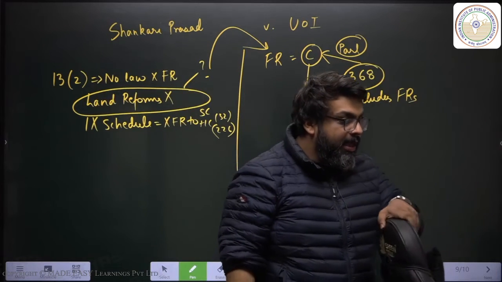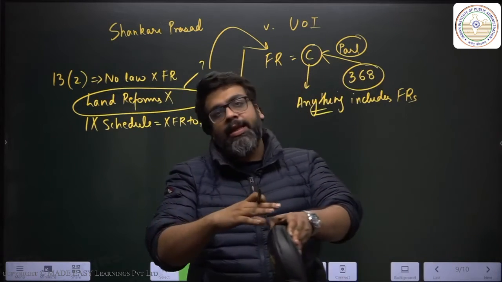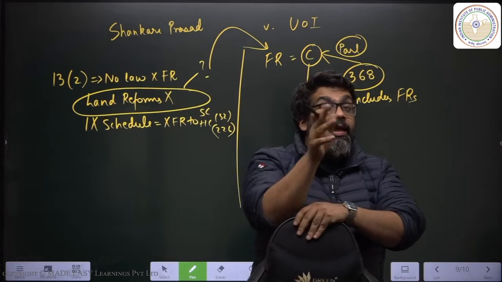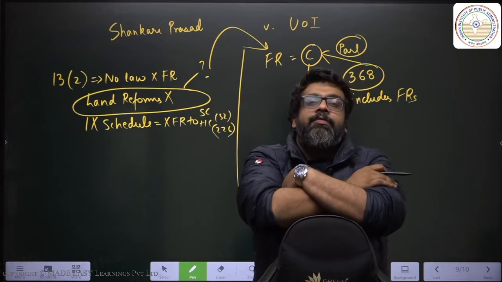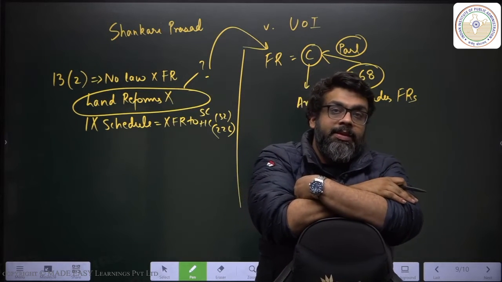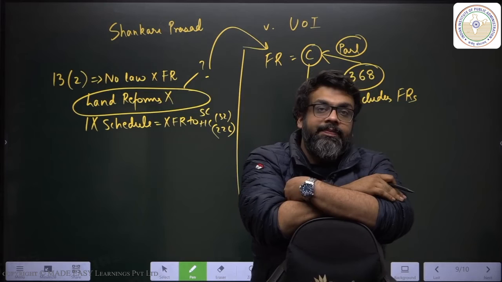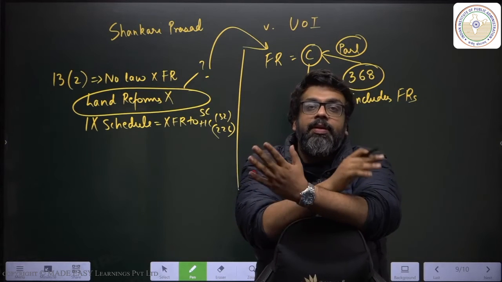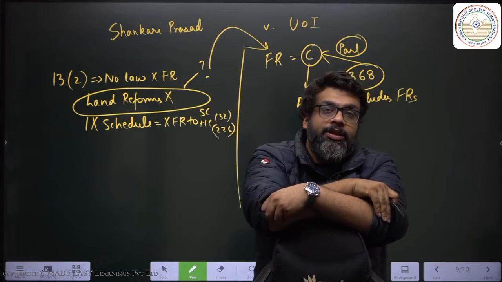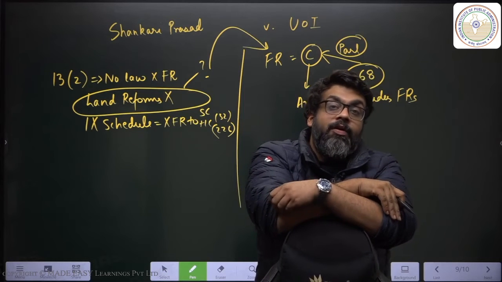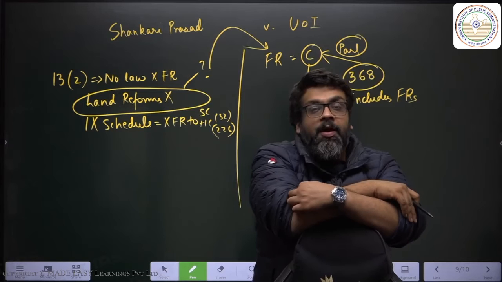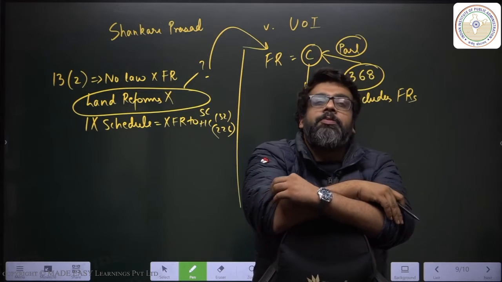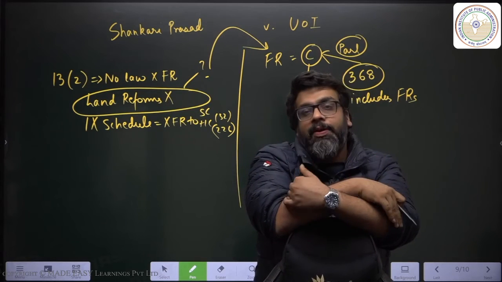That's how a simple challenge to the constitutionality of the Aadhaar card in 2017 gave birth to the right to privacy judgment of 2017. Right? A simple valid constitutional challenge to the Aadhaar card gave birth to the Puttaswamy judgment of right to privacy. Because Supreme Court is a conceptual court.